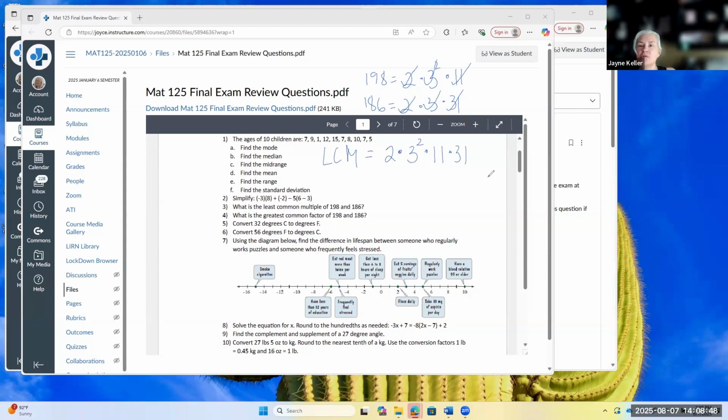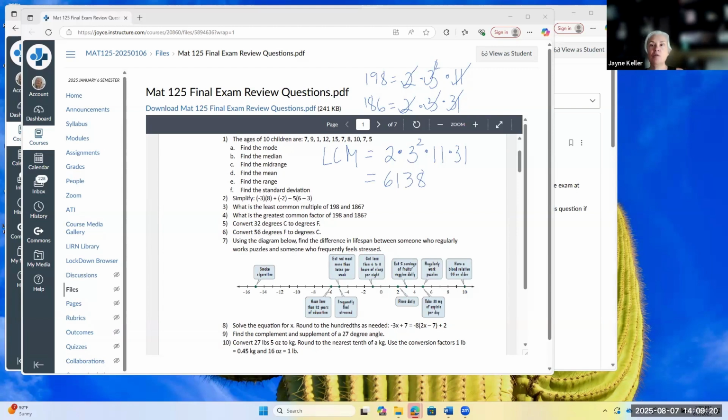I get 6,138. I could check that if I divide 6,138 by 198, I should get a whole number. And I do, I got 31. I could also divide by 186 to make sure that I did it properly.